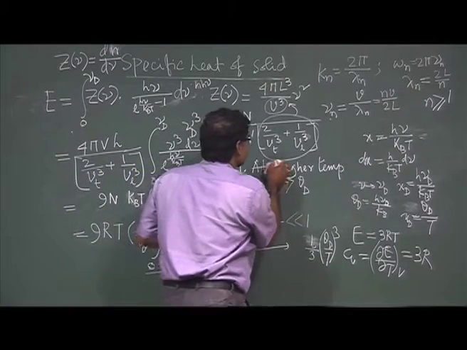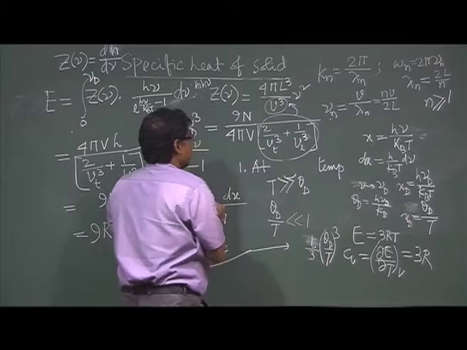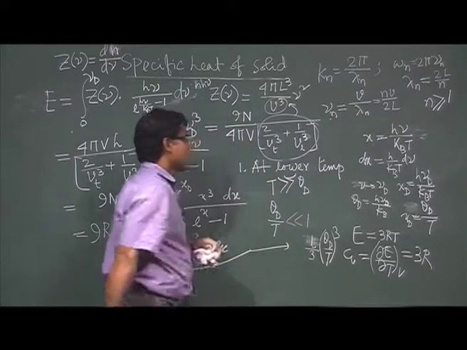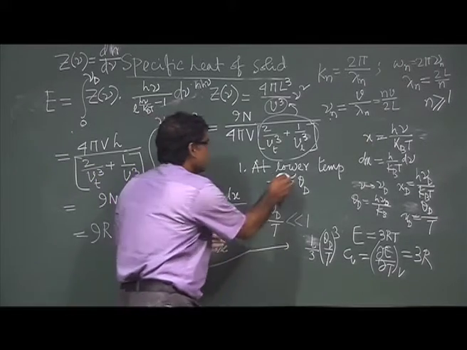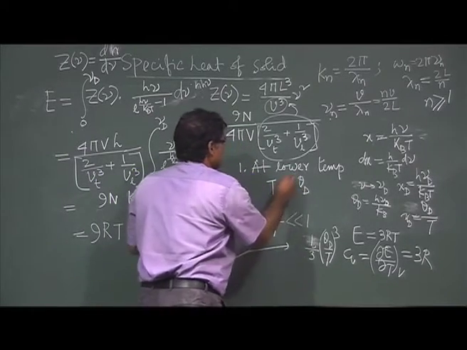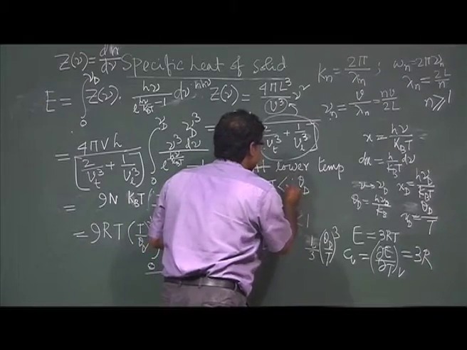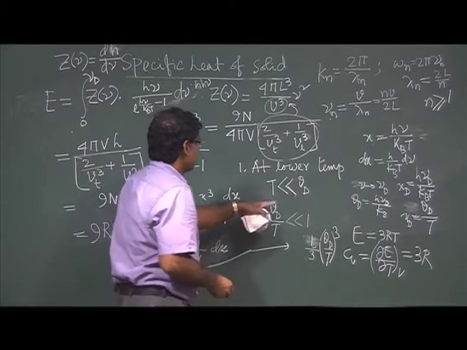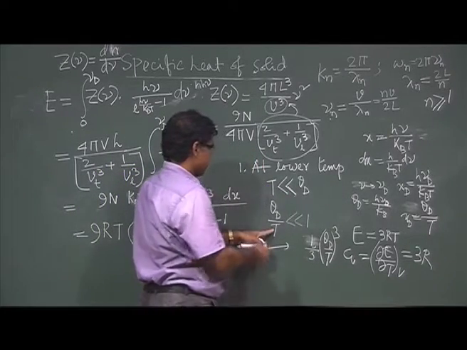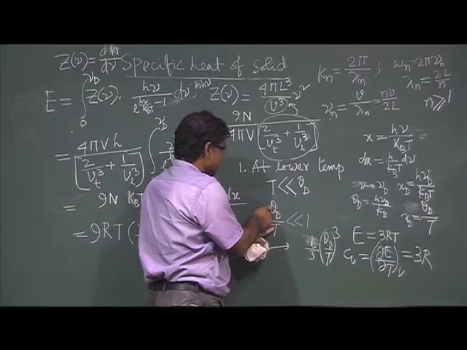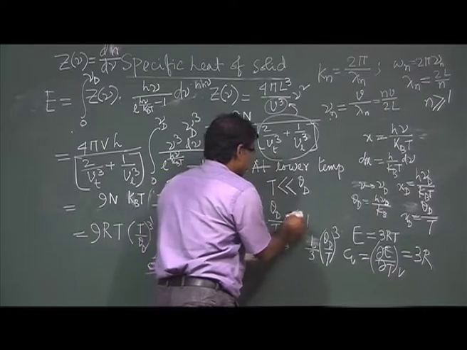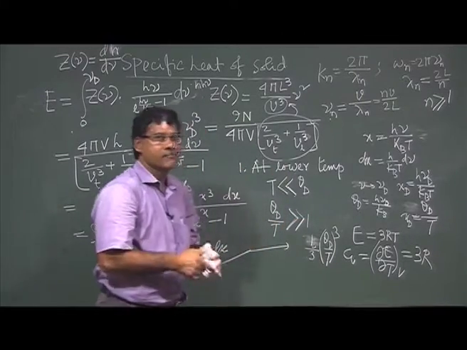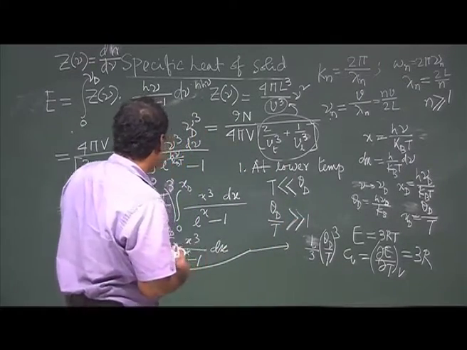So, at lower temperature, that means T is very much smaller than theta D. So, that means theta D by T is very much greater than 1.